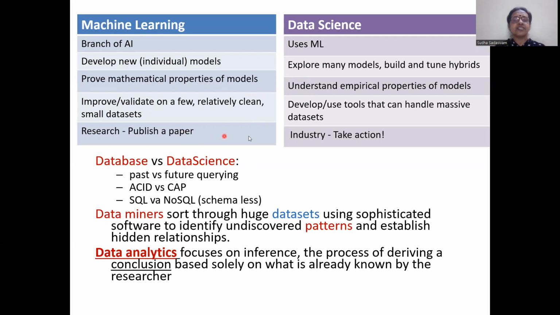Machine learning is research-based, whereas data science is action-based and it is used by the industry. So these are the major characteristics by which data science and machine learning differ. Machine learning forms the basic foundation which rests over the field of mathematics, and data science uses machine learning for domain data.